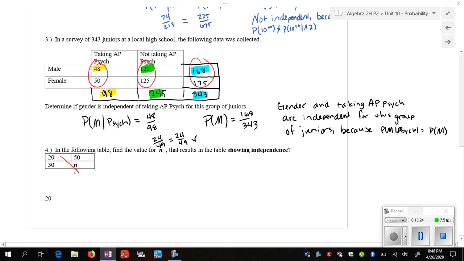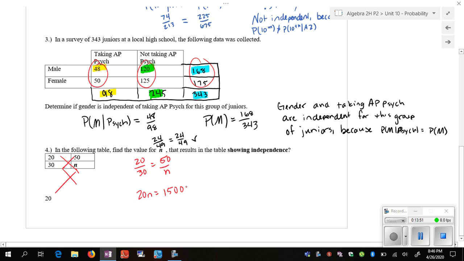We are comparing these two proportions. So 20 to 30 is equal to 50 over n. I'm going to use the cross multiply rule for proportions. And so we get 20n is equal to 1,500.